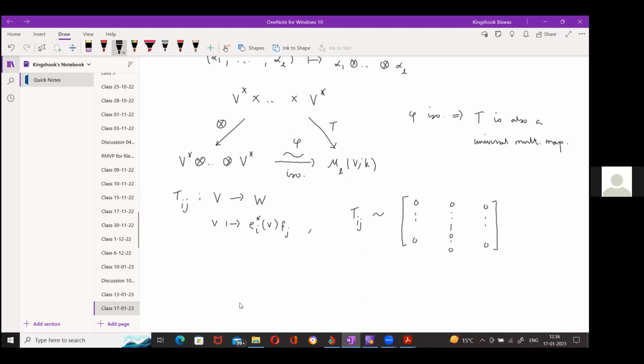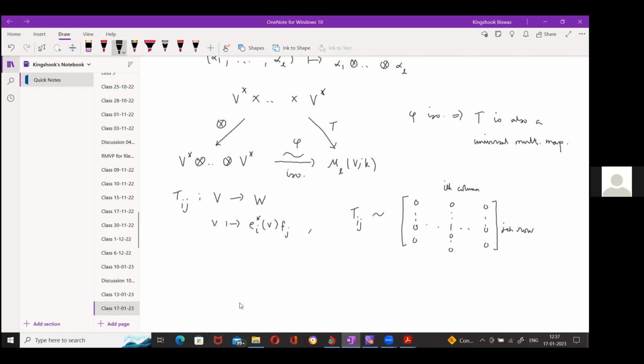So this is the ith column, and this is the jth row.